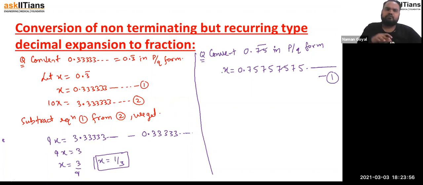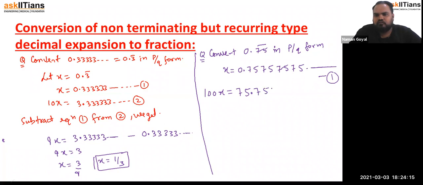Now what we have to do, as I told you, we have to multiply that quantity by 100. So it becomes like 100x is equals to, now देखो point 2 आगे खिसक जाएगा ना, point will shift it 2 right, है ना. So it gives 75.75, 75, 75, 75 and so on. We can take this equation as second equation.